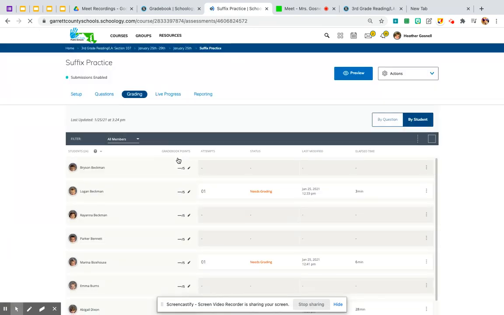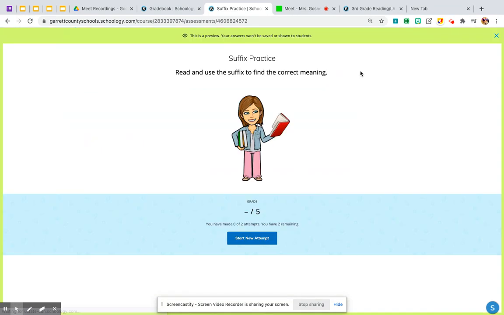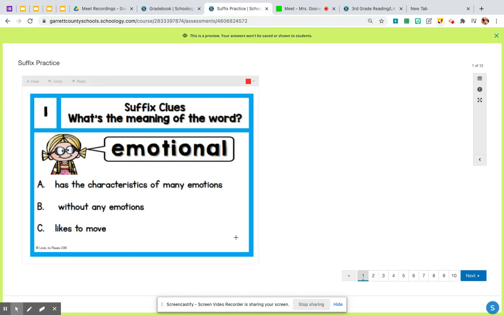Now, for your suffix practice, you are going to see some task cards here, and you're going to see a word like emotional. And you have to tell me what the meaning of that word is. Now, al is a suffix that we had way back when. So, what does al mean?